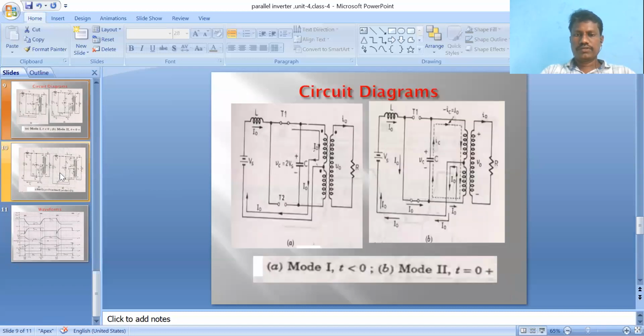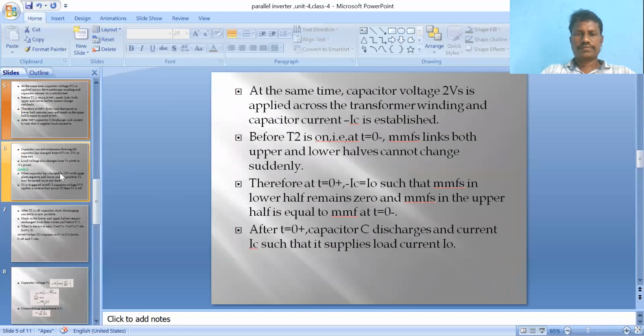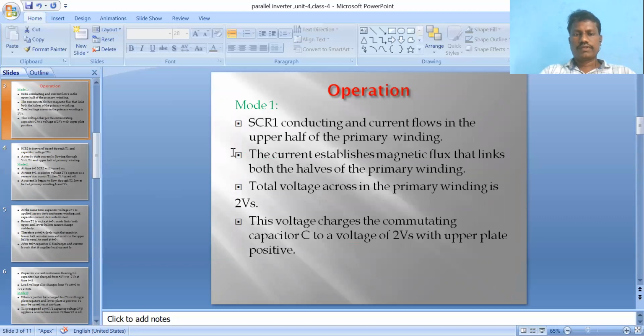In the first mode, SCR1 is conducting and current flows in the upper half of the primary winding. The current establishes magnetic flux that links both halves of the primary winding.